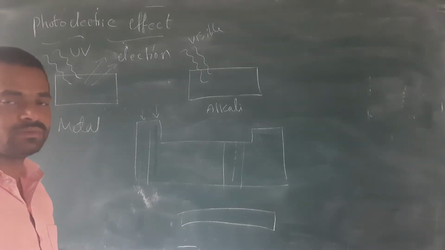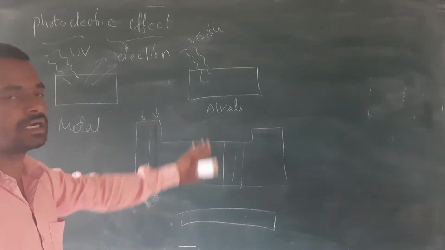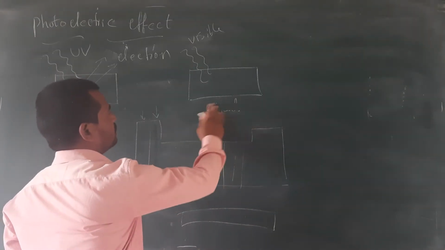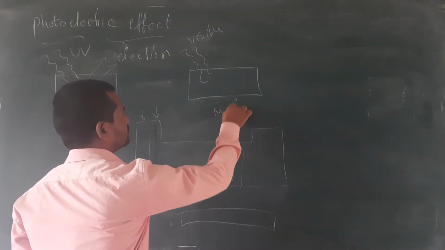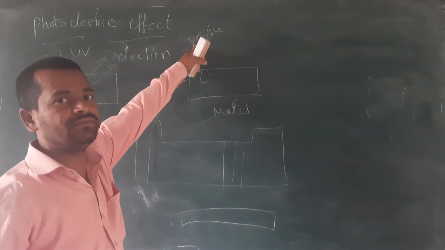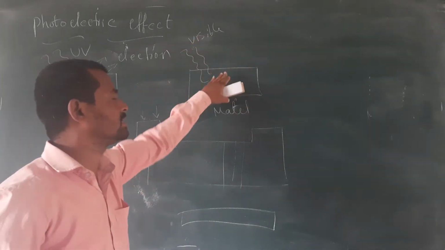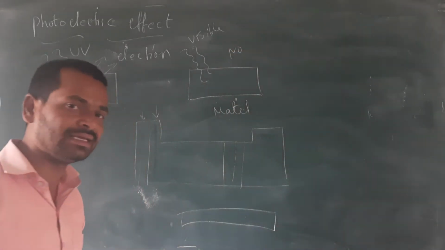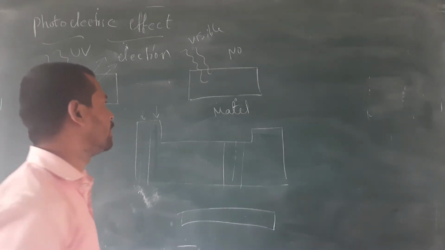The electrons cannot be ejected. If you change the light to visible light, no electrons will be released, produced or emitted.